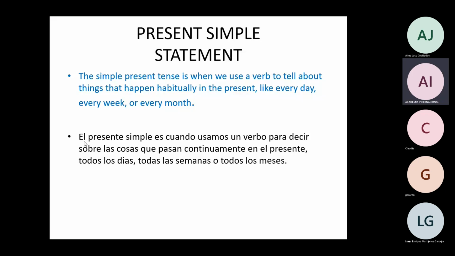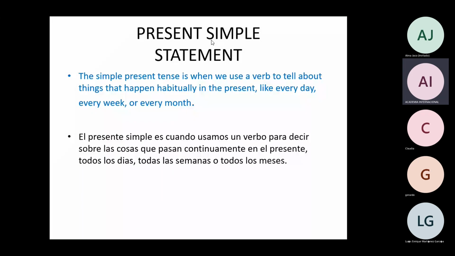Bien, normalmente when we use the simple present, we use it to talk about things that happen habitually, cosas que pasan habitualmente. Cuando escuchamos la palabra present simple o simple present, se nos viene presente simple, ¿verdad? El presente simple en español. Se nos viene a la mente que es algo que está pasando ahorita, en el momento, solo porque la palabra lo dice, presente, presente simple.